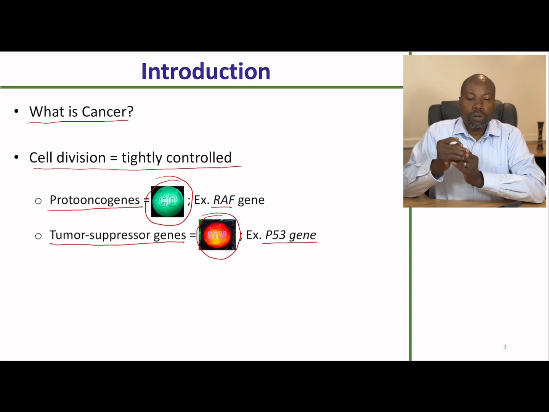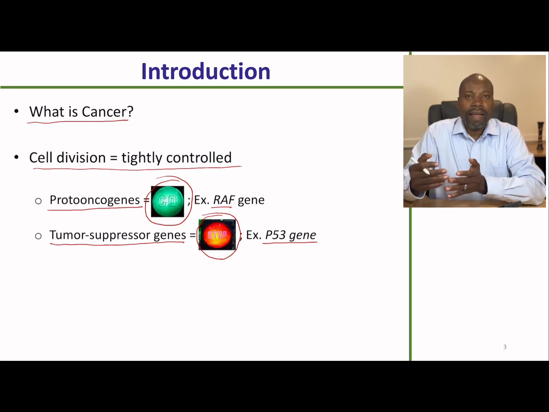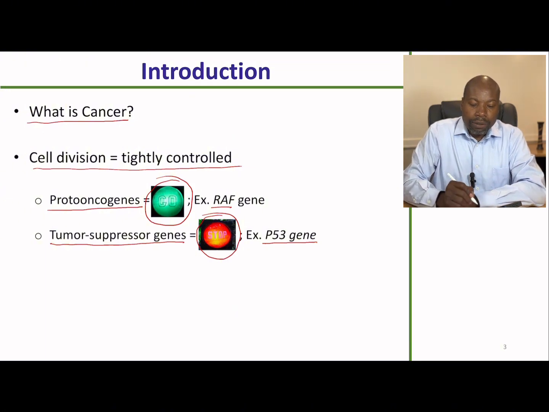What if you hit the brake pedal and the car is not braking, is not stopping? What would happen? Say you are on a highway. Well, eventually you are going to crash, right? So an alteration by loss of function of tumor suppressor genes is going to necessarily lead to cancer.